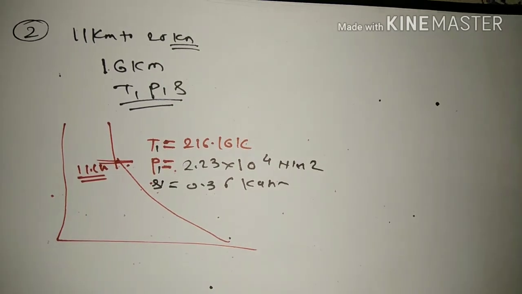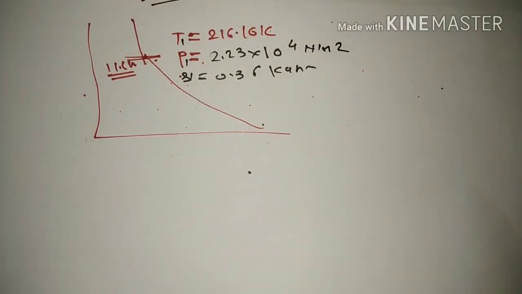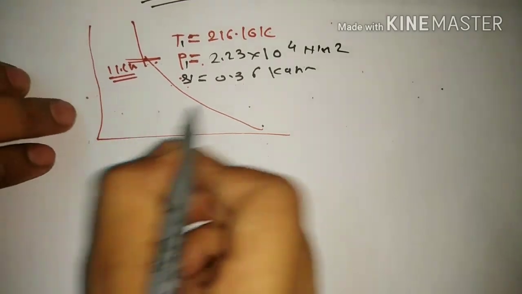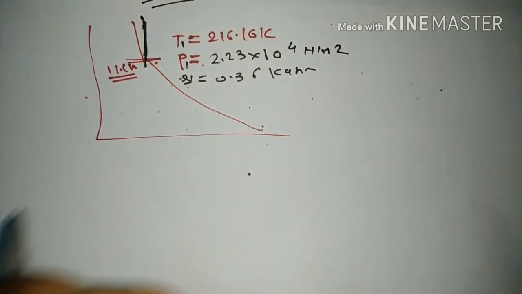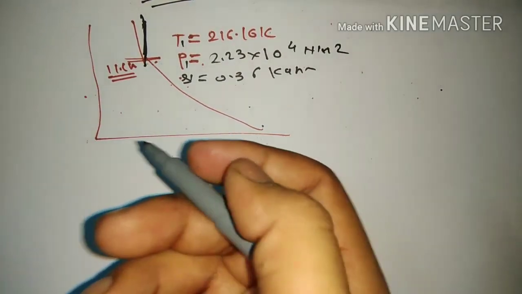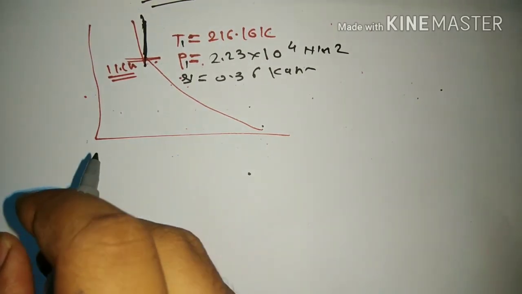So we put in the same reference values. We know the formula for this condition, the tropopause condition. The temperature will be only T, there will be no T1 minus T, because the temperature is always constant in this region.